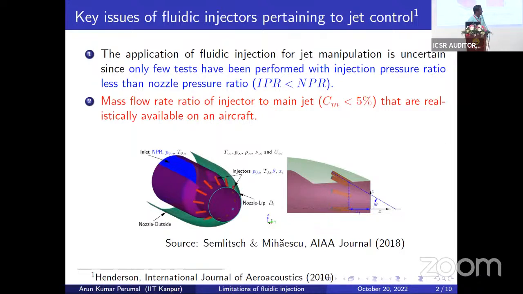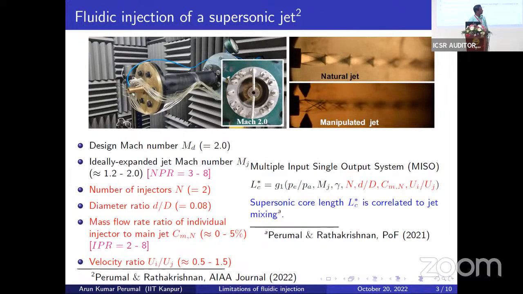There are other parameters, such as the inclination of the injectors, the location, and a lot more parameters to handle. For the simplest case, we took the 2 injector case. So we had 2 injectors, as you can see over here. This is what we call the number of injectors being 2. The diameter ratio of the injectors was kept at about 0.08, which was in line with the literature data.